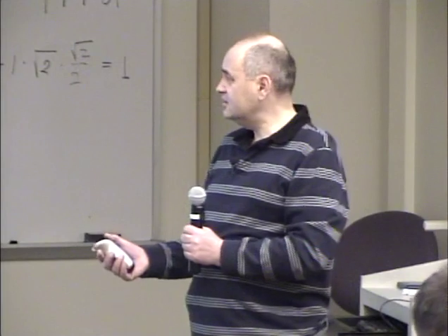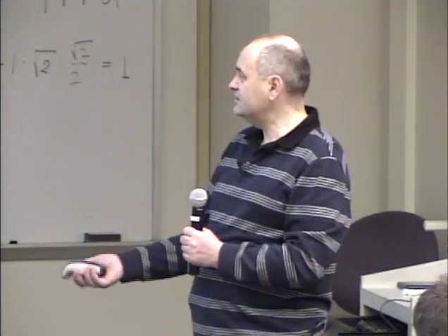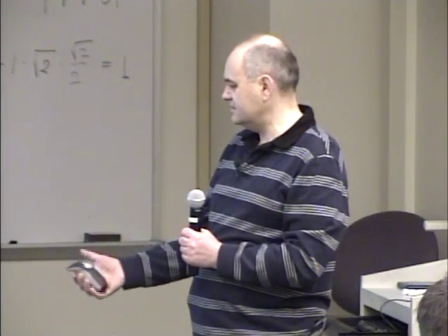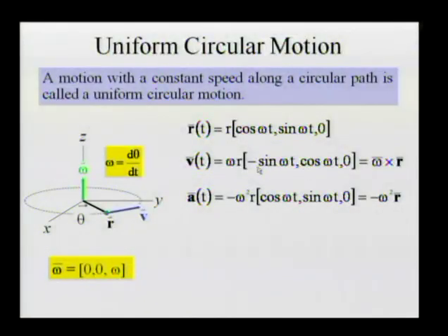I want to show you one more thing. Let's talk about acceleration. How do I find acceleration? What would you recommend to determine the acceleration? The derivative of velocity. All right, so I'll take the derivative of this vector over here. The derivative of minus sine function is minus cosine function. I copied it over here. And the derivative of the internal function is omega, so I will have 2 omegas in front of that vector, and omega times omega is omega squared.